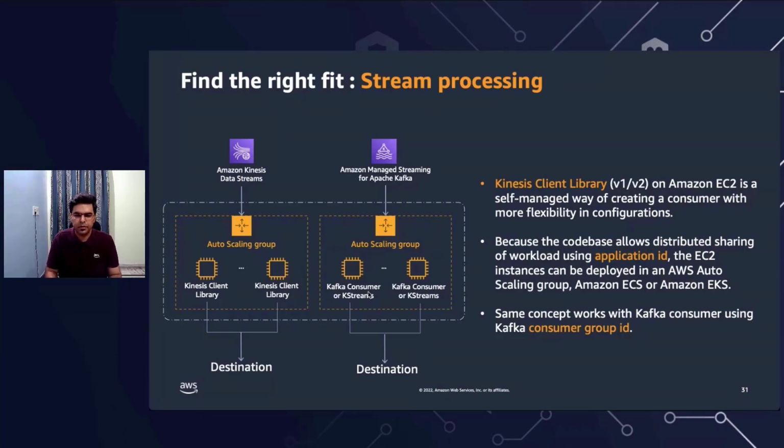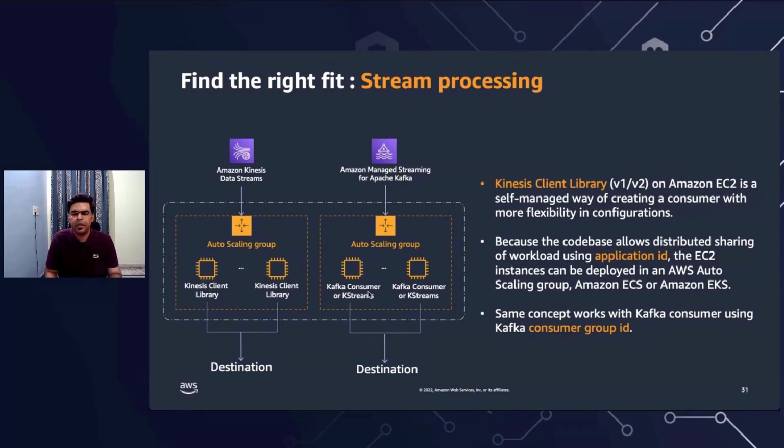But these individual hosts will have certain properties which allow them to talk to each other. So if we talk about Kinesis Client Library version 1 or version 2, each daemon will be booted up with certain configuration parameters. One such parameter would be an application ID. The application ID by default is used to create a DynamoDB table in the same account for metadata management.